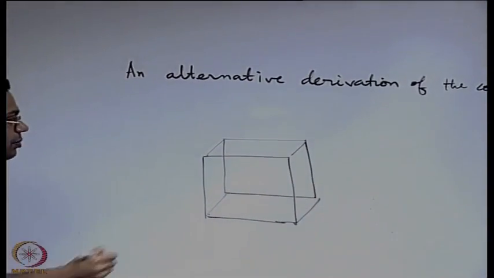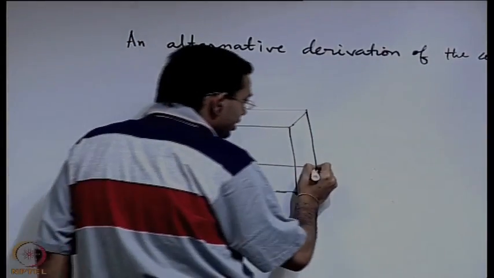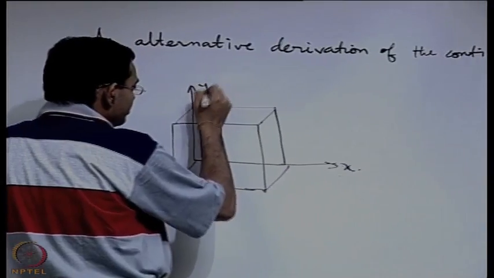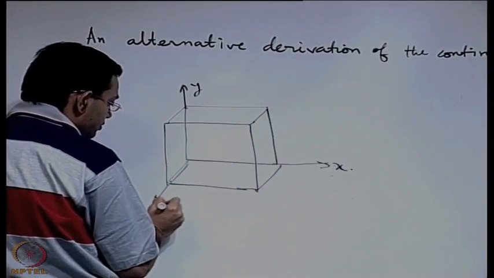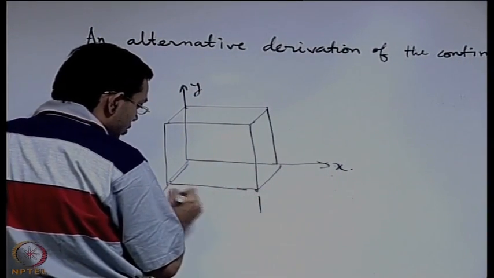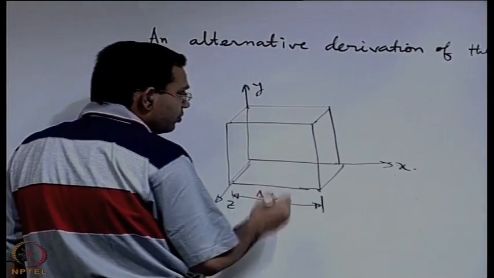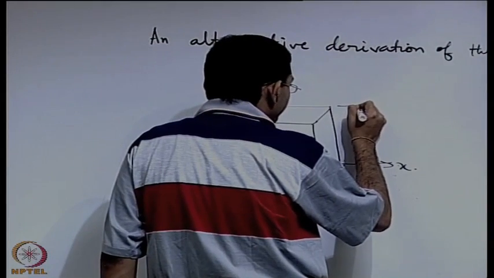So, it has its dimensions along x, y and z as say delta x, delta y and delta z, which are small, and in the limit we will take all these as tending to 0.